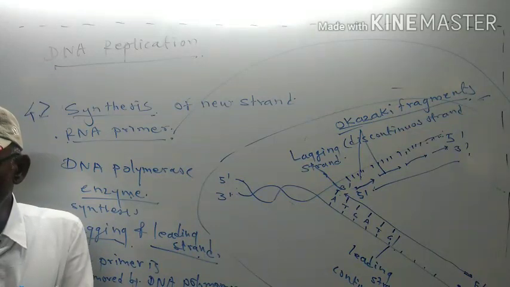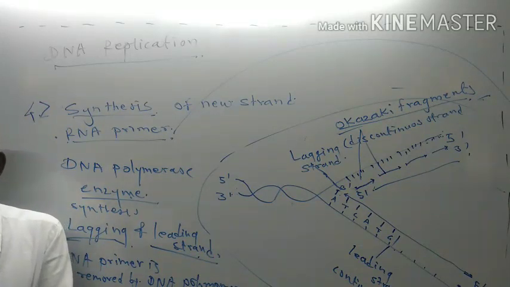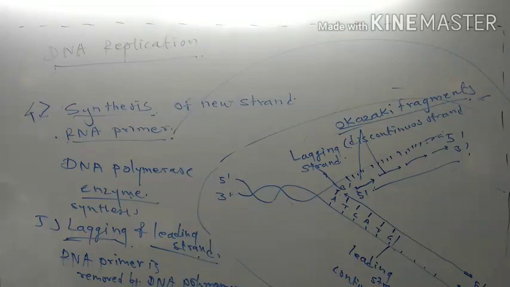Now, finally, the DNA gyrase or topoisomerase enzymes form the double helix to form daughter molecules.